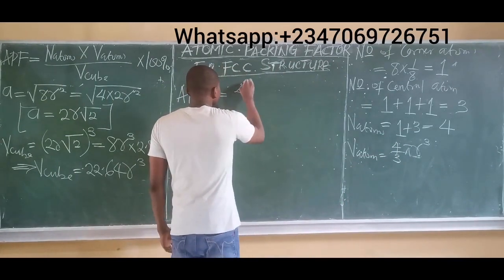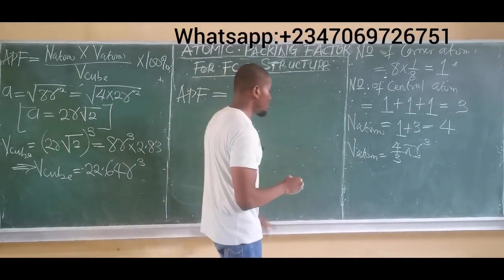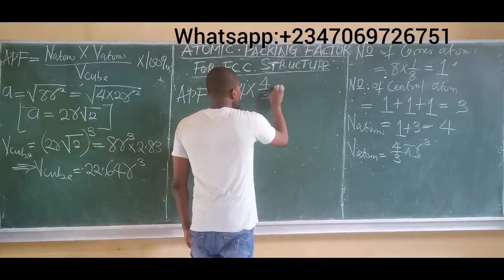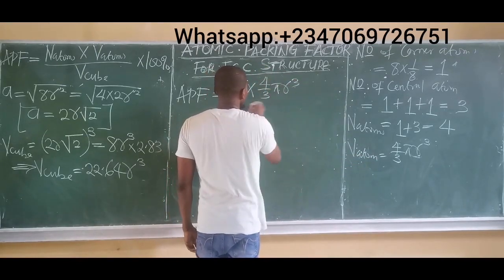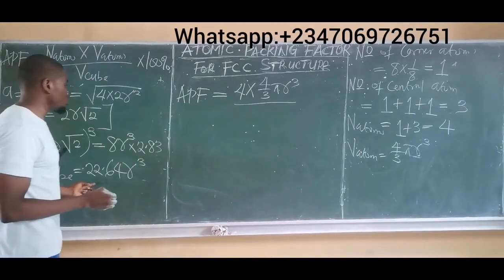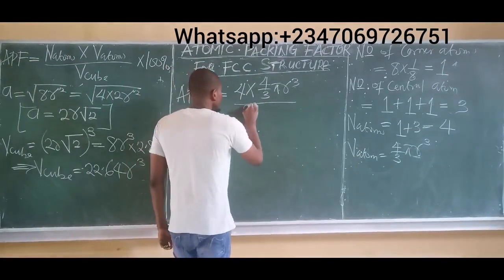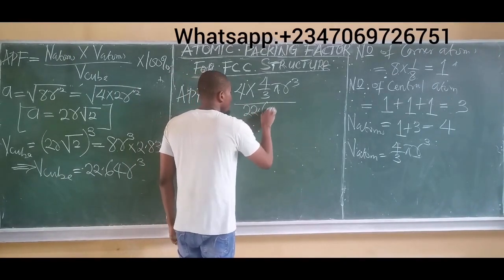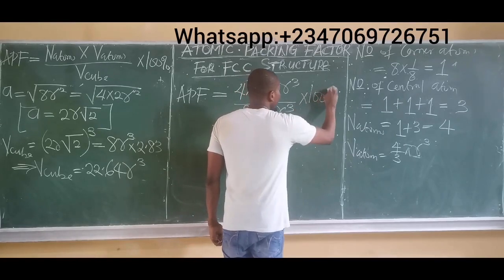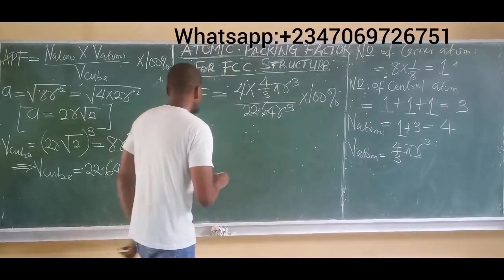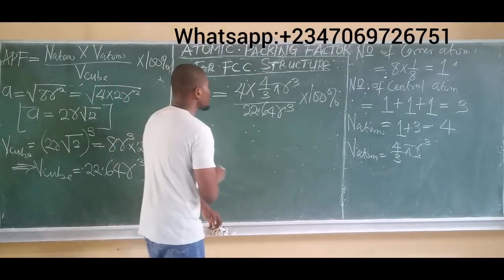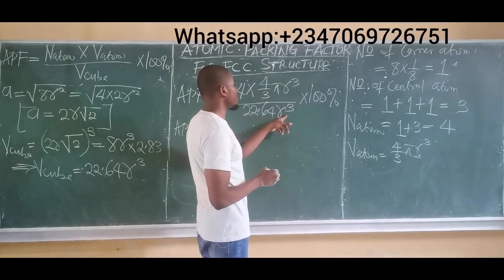So you have 4 multiplied by the volume of atom, which is the volume of a sphere, 4 all over 3 pi r cube, all over the volume of the cube, which we obtained as 22.64 r cube. So divide by 22.64 r cube, not forgetting, multiply by 100%.